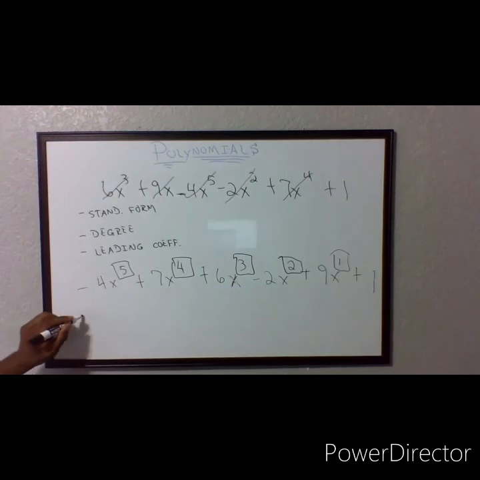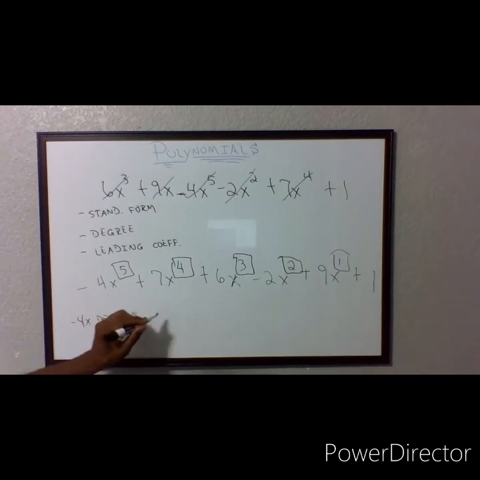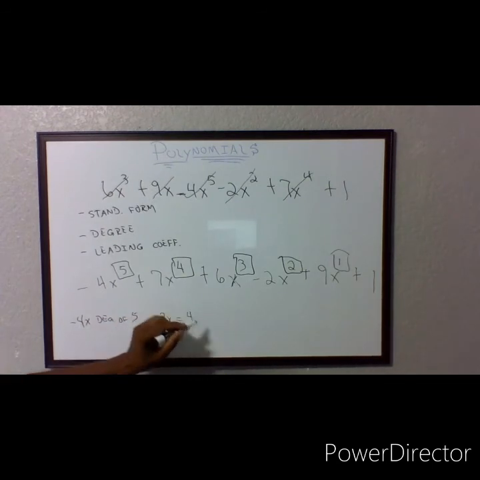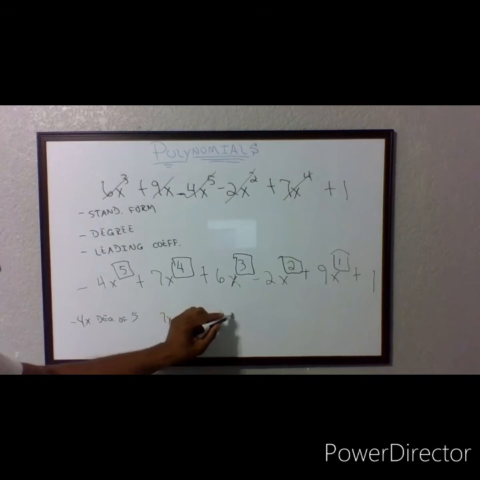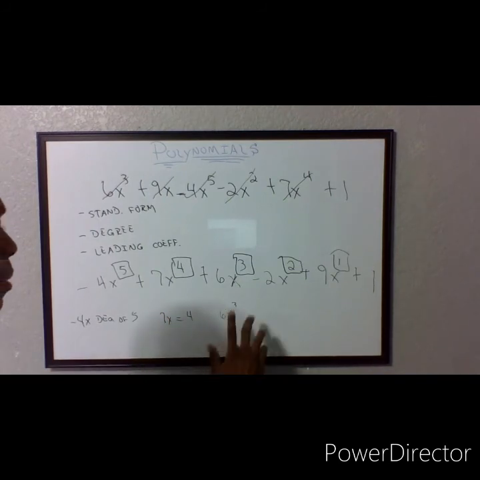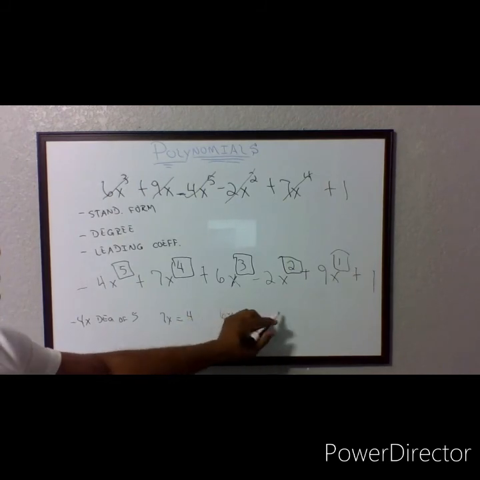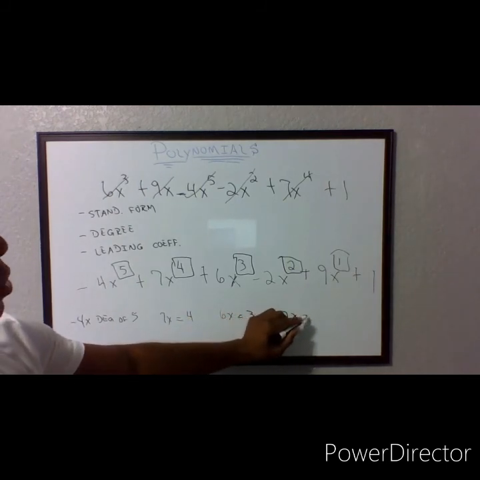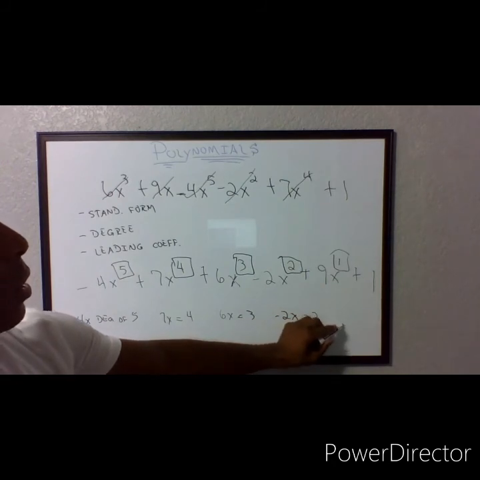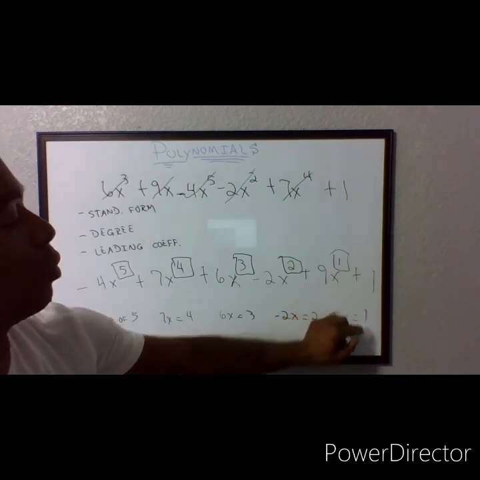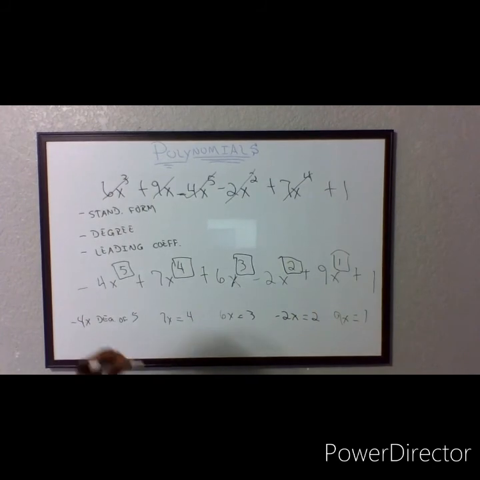So negative 4x to the 5th has a degree of 5, 7x to the 4th has a degree of 4, 6x cubed has a degree of 3, negative 2x squared has a degree of 2, and then 9x has a degree of 1.